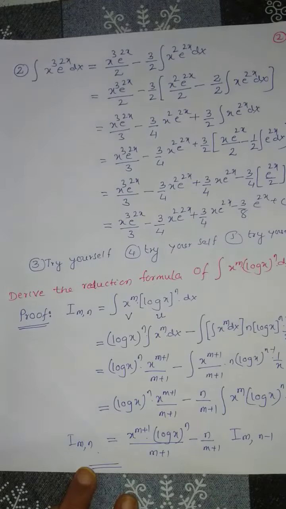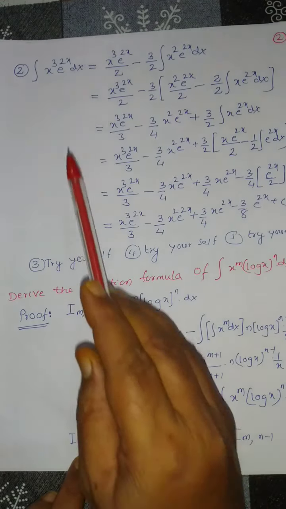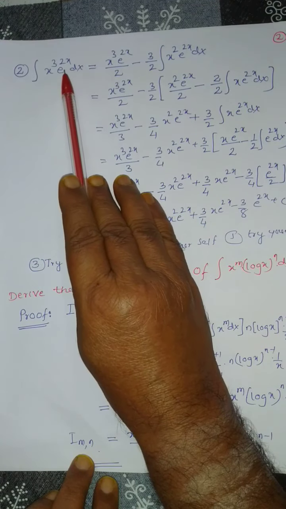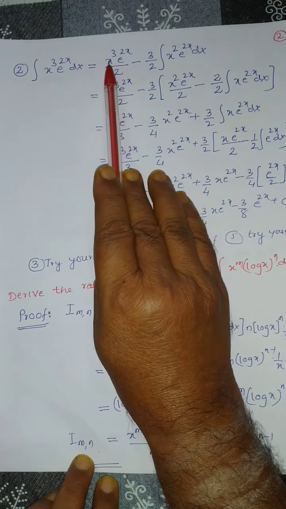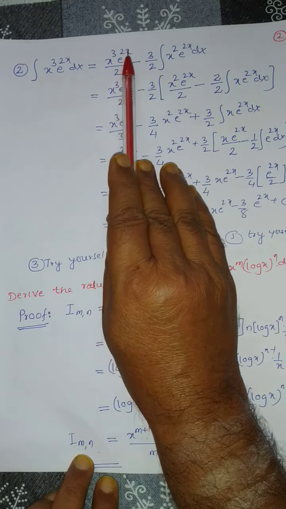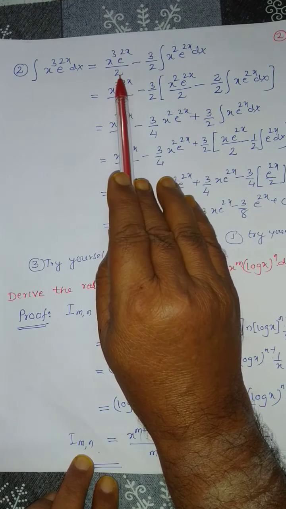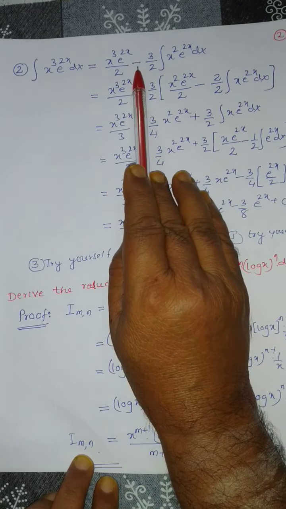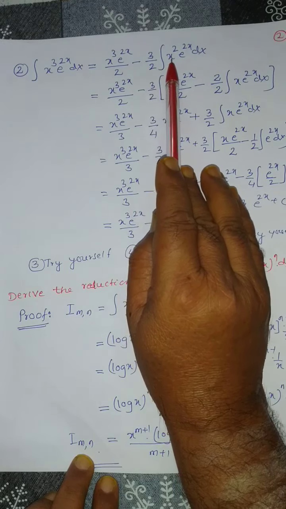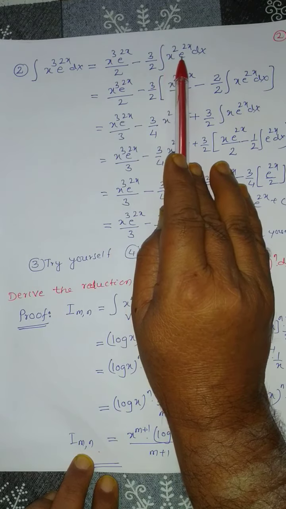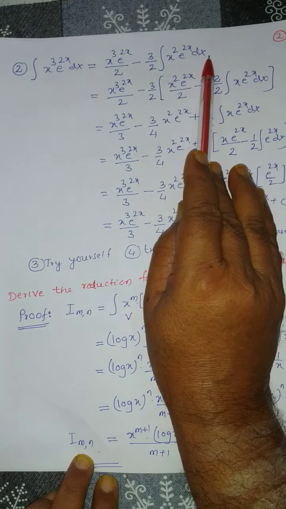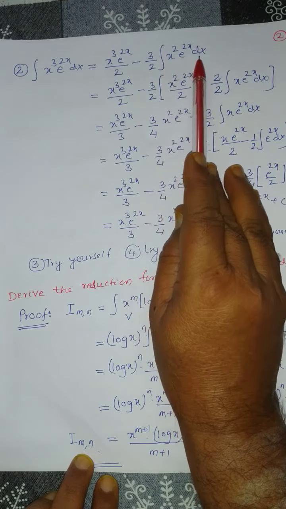Okay, now let us take the second example, x cube e raised to 2x dx. Here n is 3, a is 2. So x raised to n e raised to ax upon a, so a means 2 here, minus n by a into integral of x raised to n minus 1, 3 minus 1 is 2, so x square e raised to 2x dx. So for this again a reduction formula.